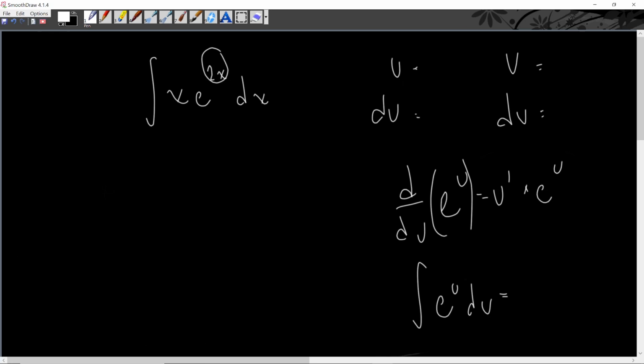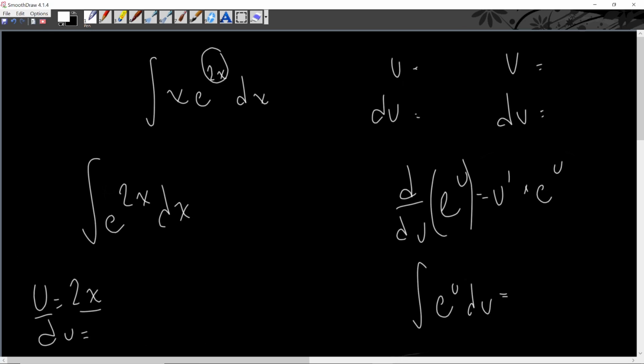Let's use 2x as our example. We have the integral of e to the power of 2x dx. So if u is set as our 2x, let's differentiate both sides. The derivative of u is du, and the derivative of 2x is going to be 2dx.